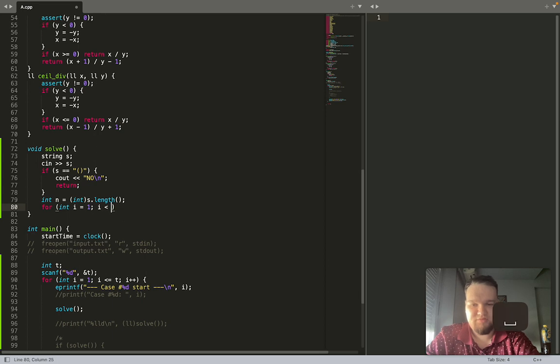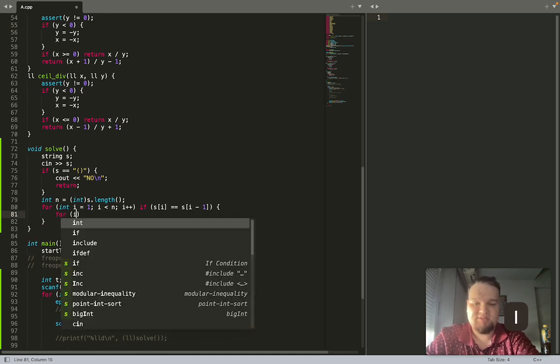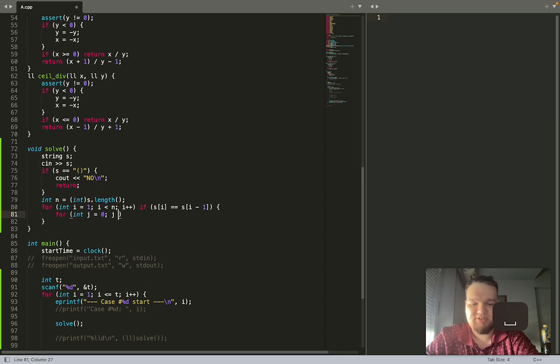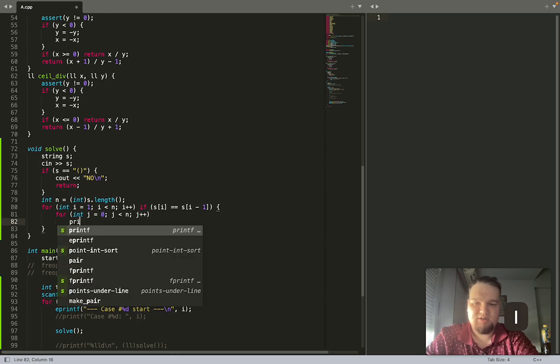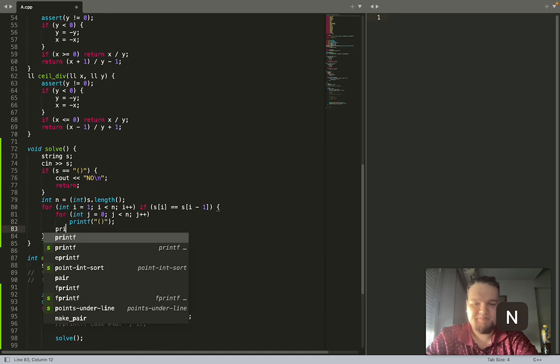How to check if there are two consecutive equal characters, then just alternating like this.